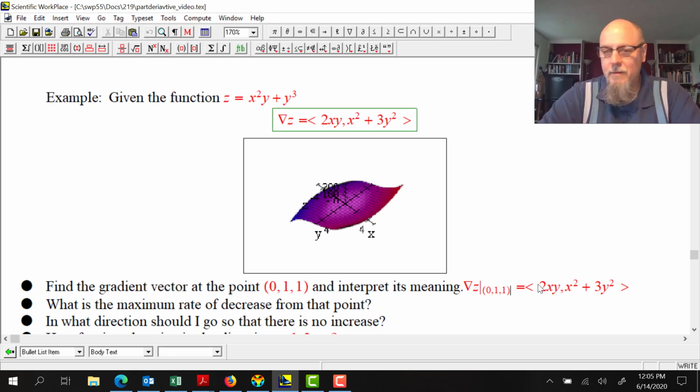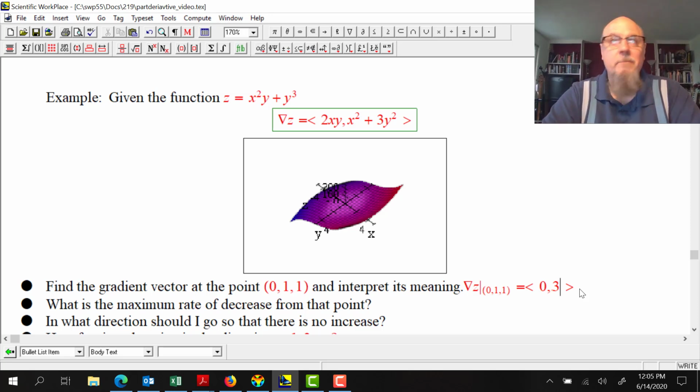It doesn't come up in our gradient. In fact, they didn't even need to give it to us because they gave us the formula. I can see that when x is equal to 0 and y is equal to 1, z is equal to 1, but it's just been given as a 3D point. So when I plug that in, with x equal to 0 and y equal to 1, there's the vector (0, 3).